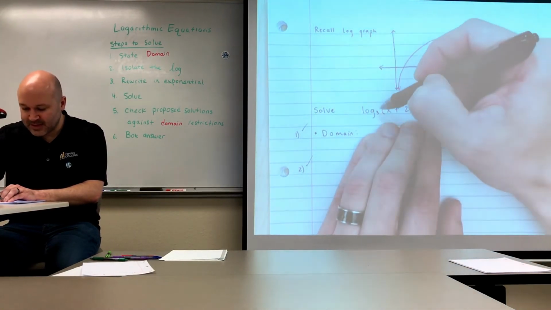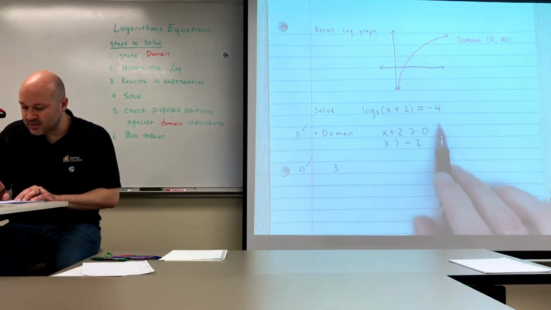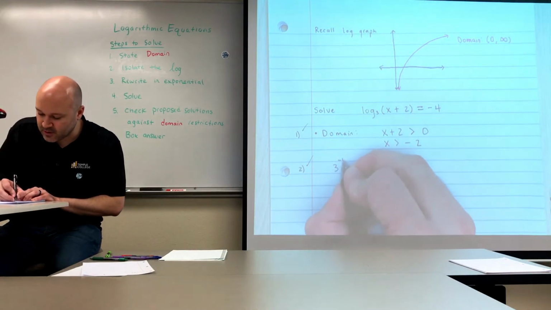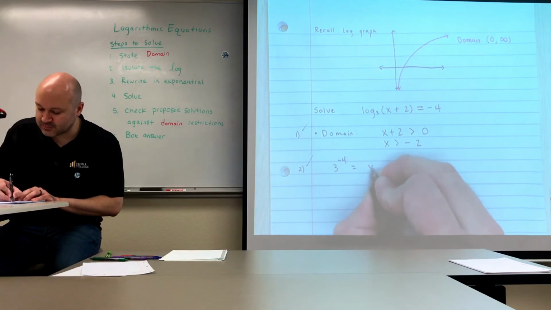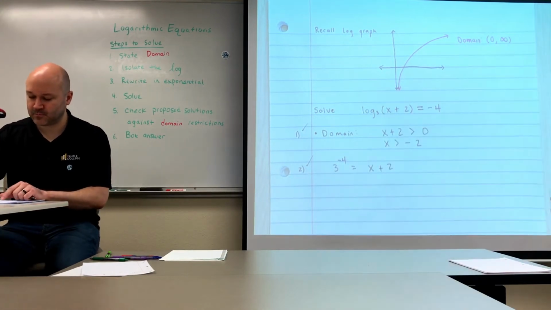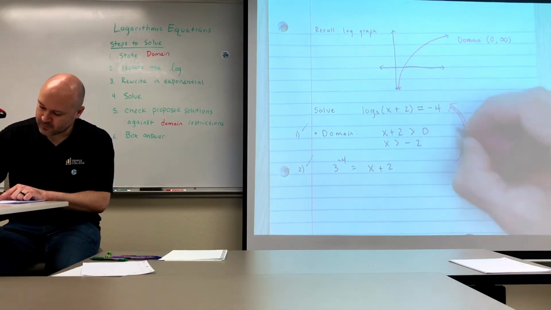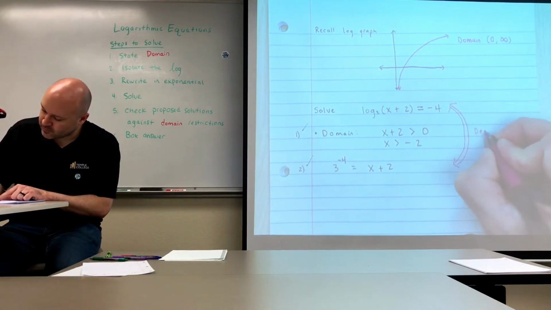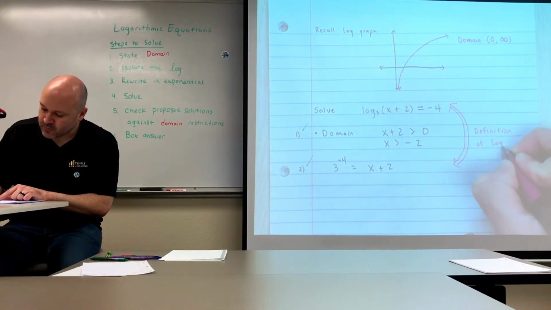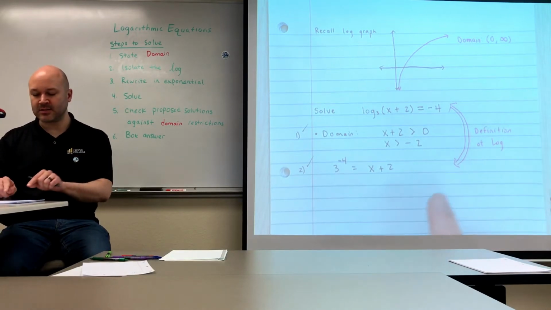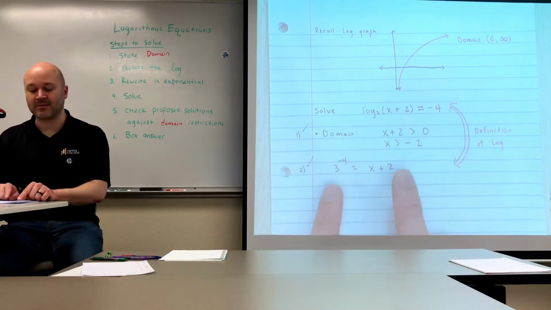I take my base, 3, I raise it to the other side of the equation, negative 4, and that will equal the argument of my log, x plus 2. Just using the definition of log to rewrite logarithms as exponentials.